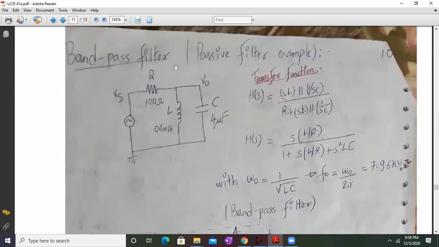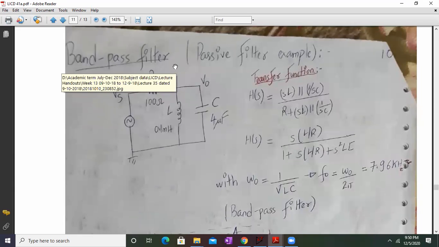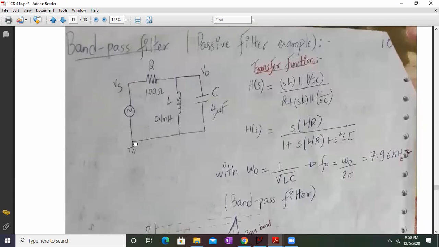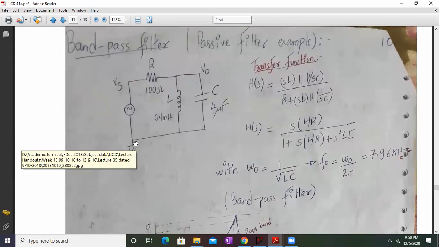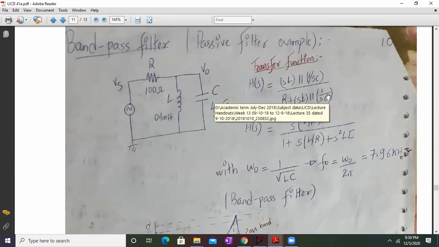Similarly, we have a band pass filter. It's a passive filter, right? So it will have three elements, R, L, and C. I'm not going into detail about the transfer function. The transfer function will be SL parallel to 1 upon SC, divided by R plus SL parallel to 1 upon SC.